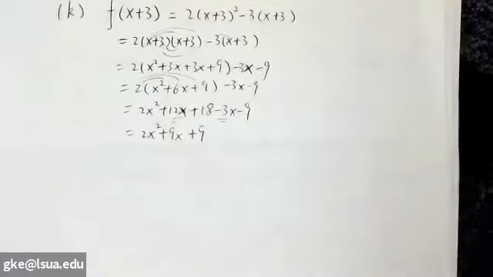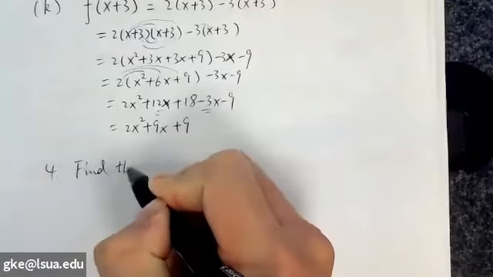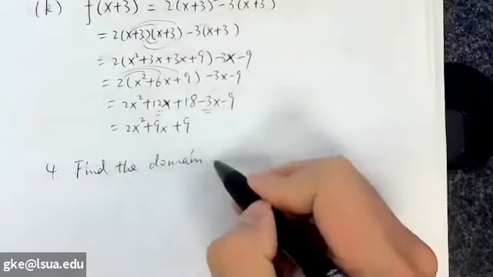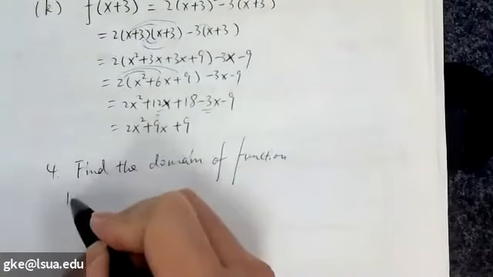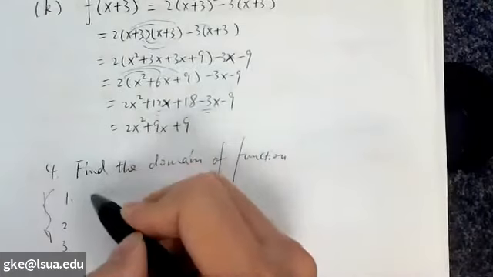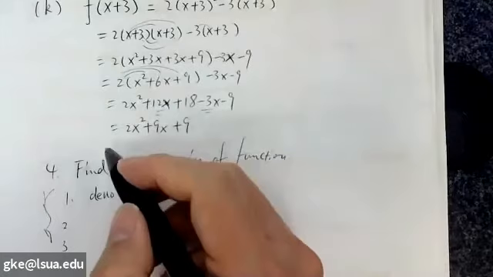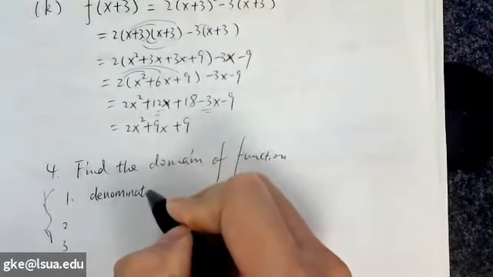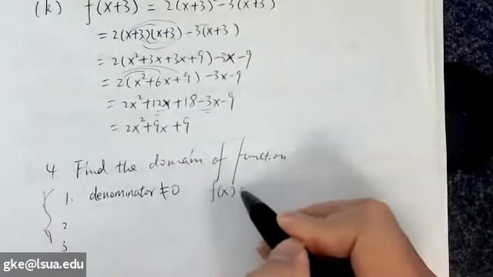Find the domain of a function. We have 3 scenarios. The first scenario is the denominator can never be 0, if f of x is a fraction.